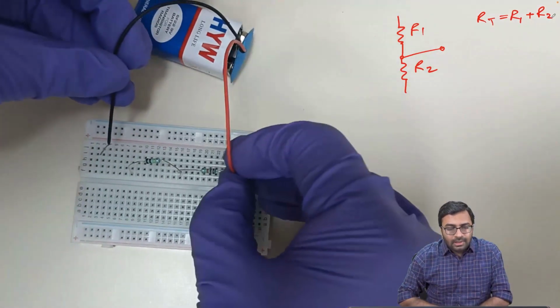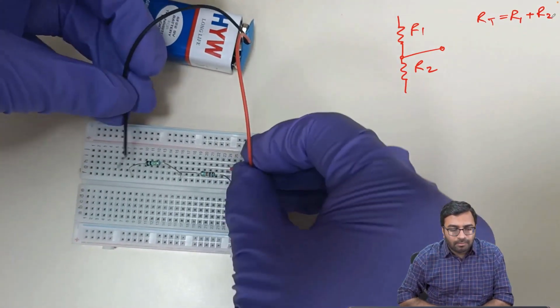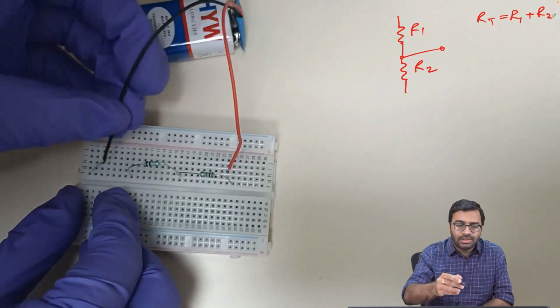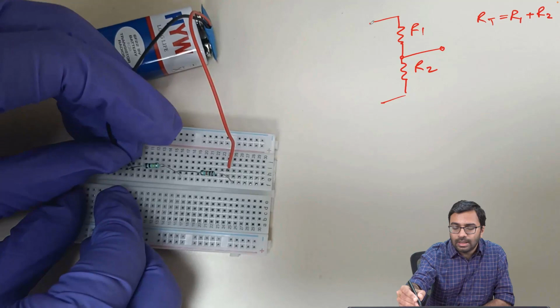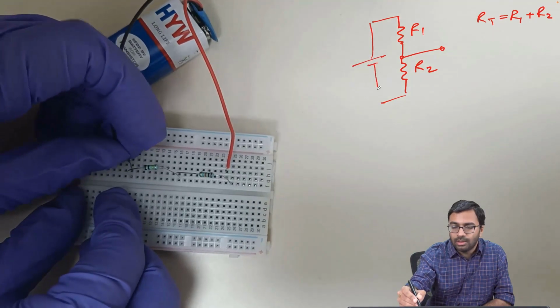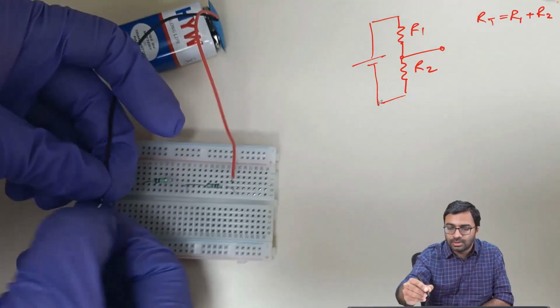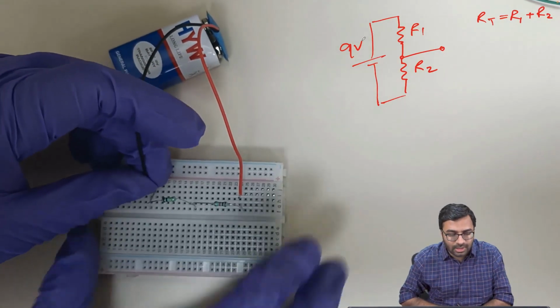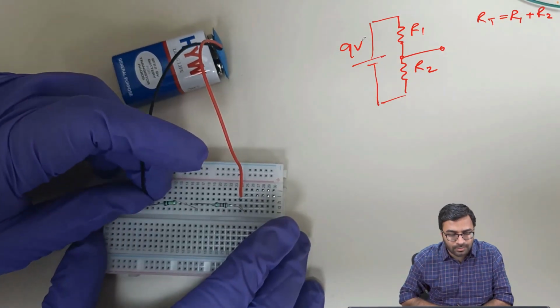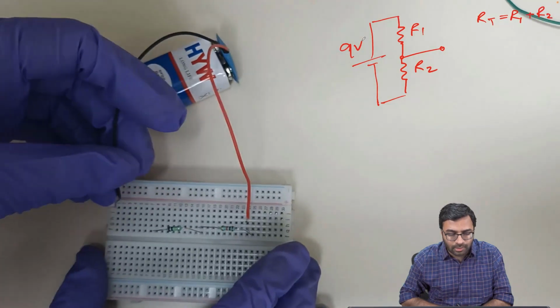Now we are connecting the voltage source. So this is a 9-volt battery. So we are connecting across both the resistors. So it's a 9-volt, for example. Okay. So in this case, we are connecting the battery across this network.